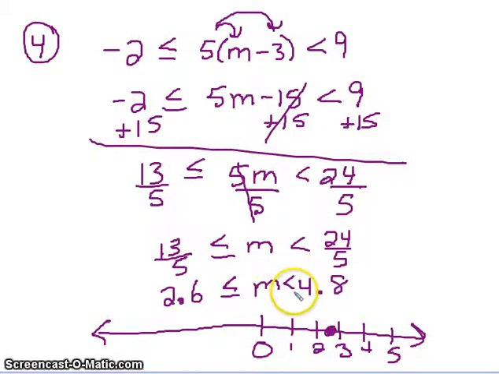Because it's just a less than sign at 4.8, it's actually going to be an open circle. And it's in between n is greater than or equal to 2.6, but less than 4.8. So we go in there.